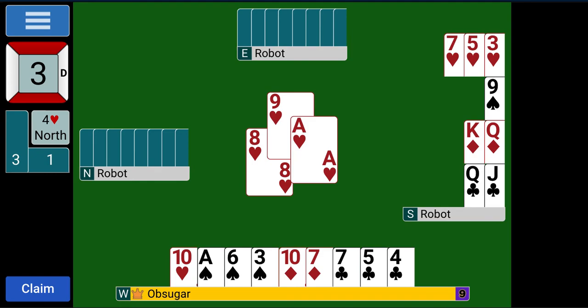And we know he has 2 clubs because there were 9 between West and South, and they both followed twice to the club suit. So how many diamonds does the man have? Yeah. See, we're 4 tricks in, and if we pay attention, we know the full distribution of North's hand.